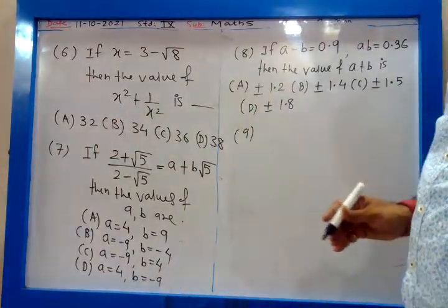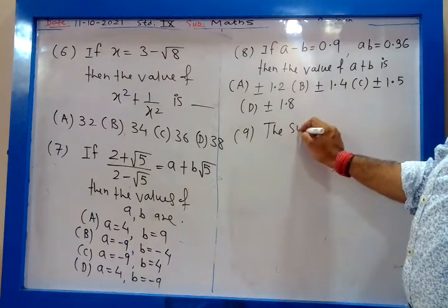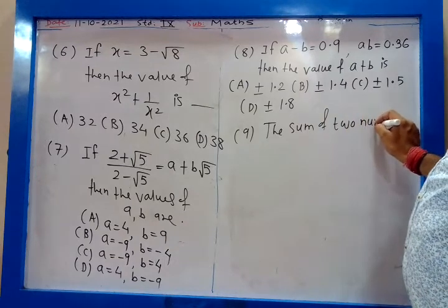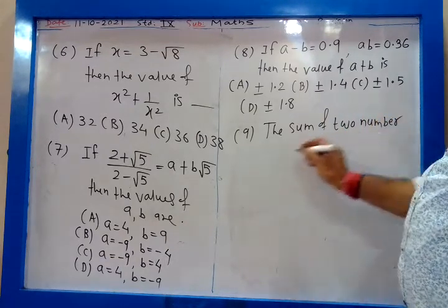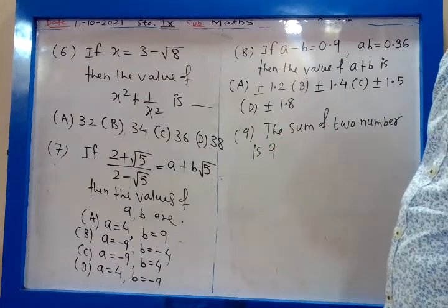The sum of two numbers is 9 and the product is 20.